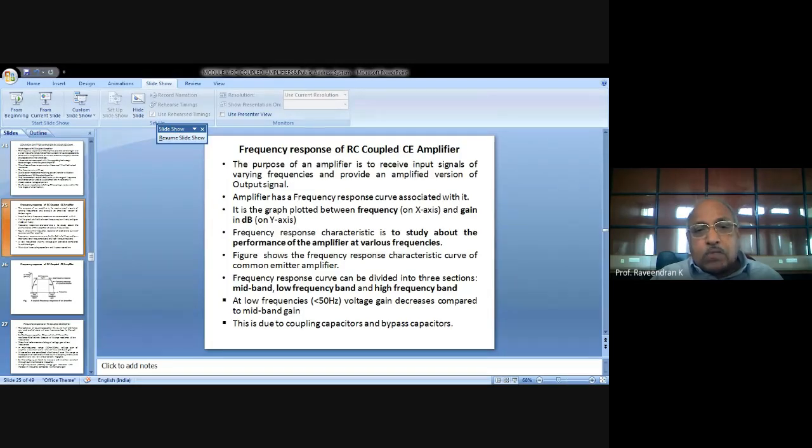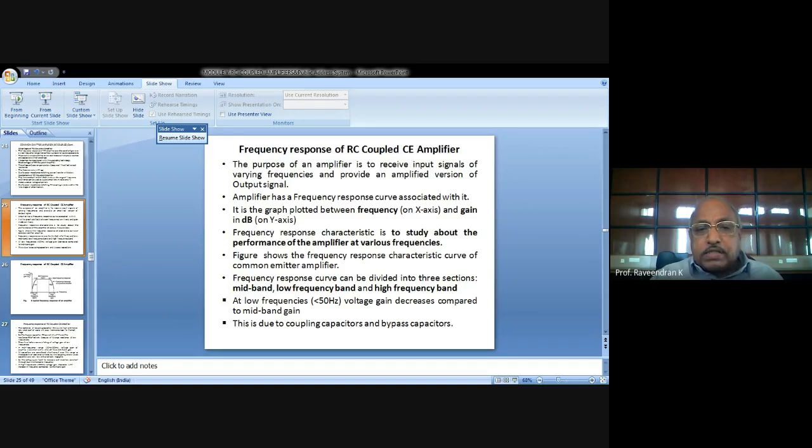Here also, this point is the upper cutoff frequency. There also the gain is reduced to 0.707 AV. If the frequency is reduced to that particular value, the gain will also be reduced to 0.707 AV.